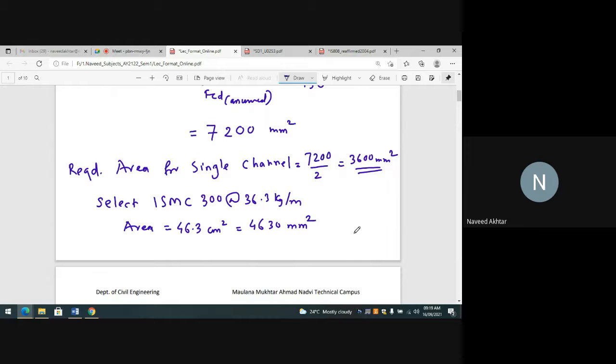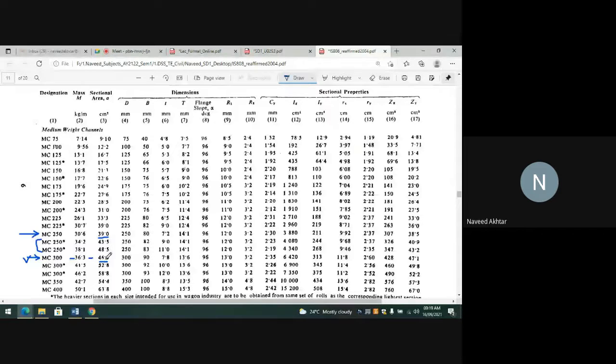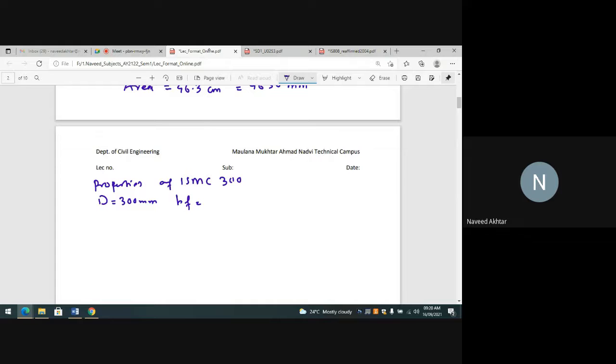Now we write the properties of the section. That is sectional properties of ISMC 300. So you can write down D, capital D, is 300 mm. Width of flange BF, capital B, is 90 mm.